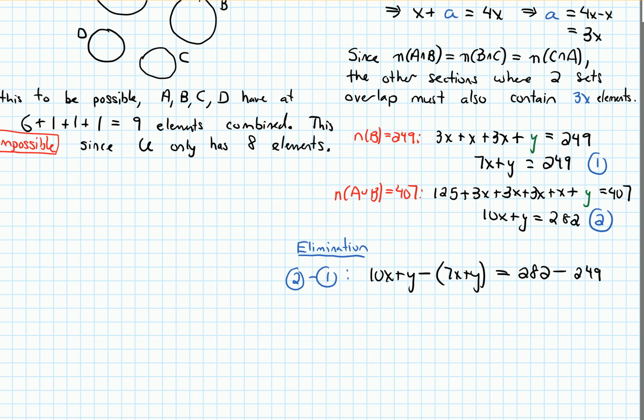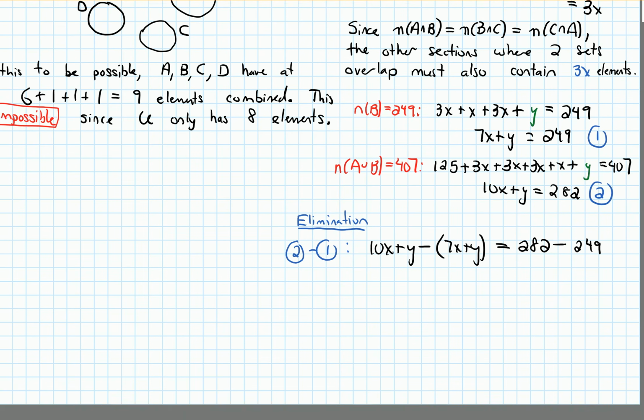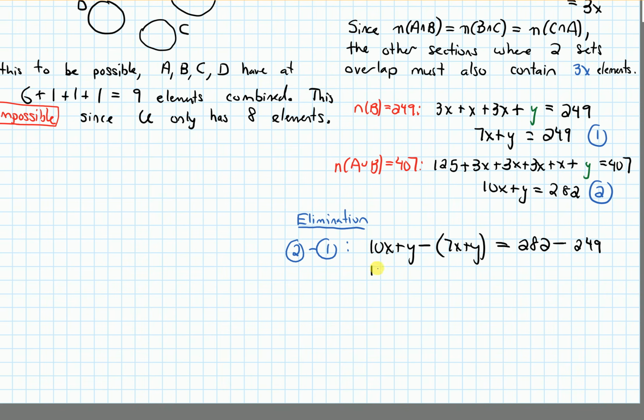So on the left, if I distribute this negative sign, I get 10x plus y minus 7x minus y equals 282 minus 249. That's 33. Now the plus y and the minus y cancel. So we get 3x equals 33. And if I divide by 3, we get x equals 33 over 3, which is 11. So awesome, we know what x is at this point.